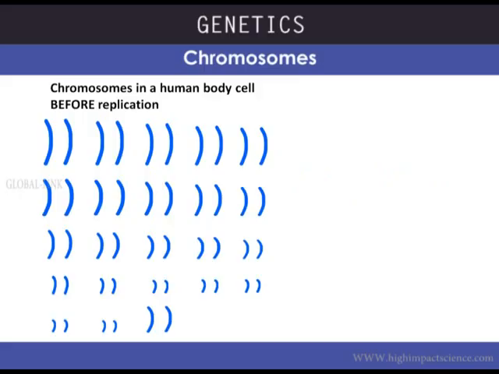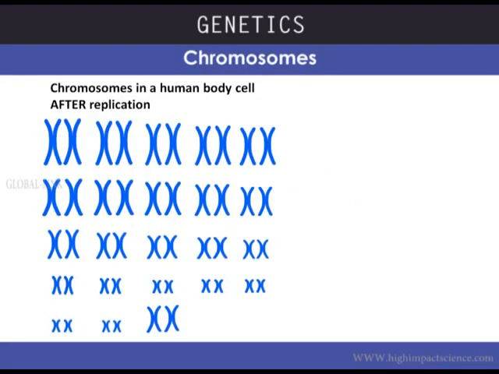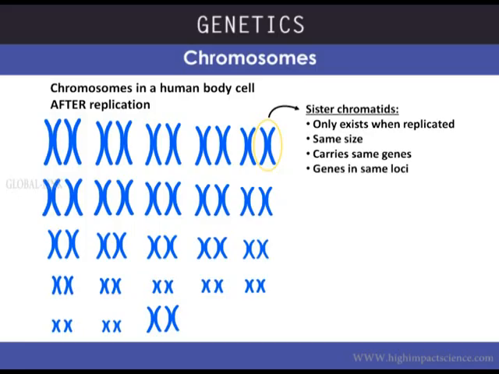During interphase, the cell undergoes DNA replication, and each chromosome now consists of two arms called sister chromatids held together by a centromere. Sister chromatids only exist after DNA replication. They are 100% identical, meaning they have the same size, carry the same genes in the same locus, and importantly, they have the same alleles for the same genes.